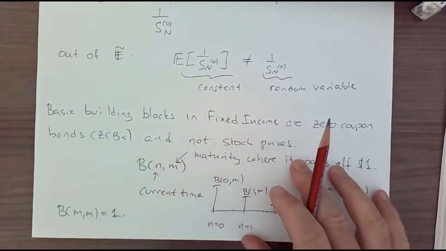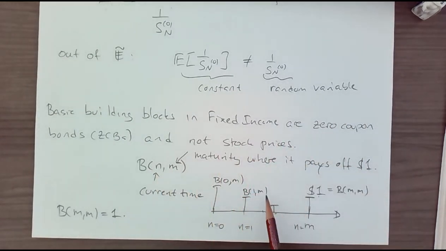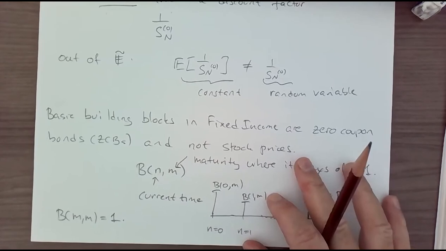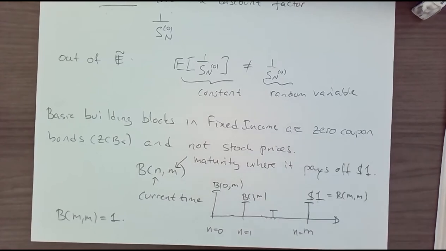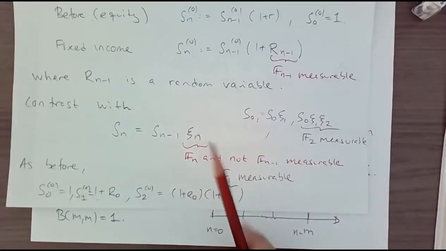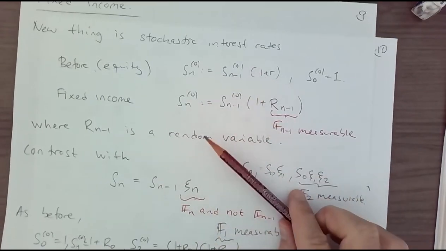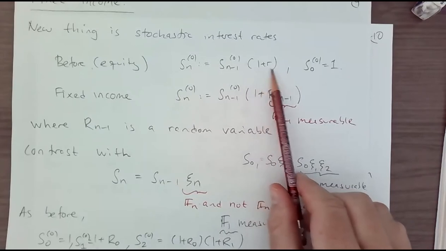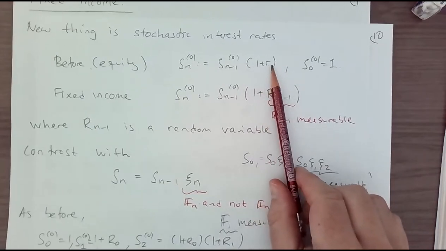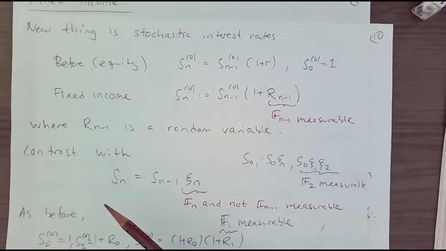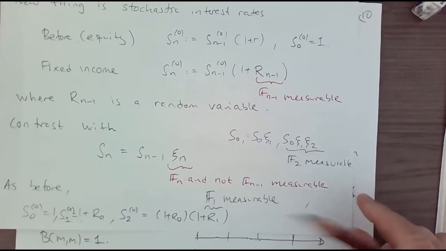So the basic building blocks in fixed income analysis will be zero coupon bonds and not stock prices as we've been working with up to this point. We've been used to having randomness in the stock, and to the bank account evolving with a constant interest rate that did not vary over time and had no random component.